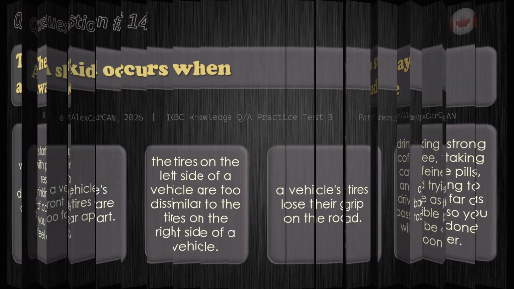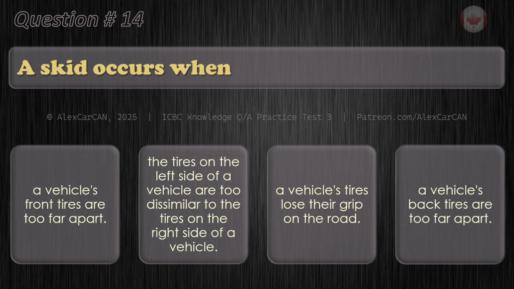Question number 14. A skid occurs when a vehicle's front tires are too far apart. The tires on the left side of a vehicle are too dissimilar to the tires on the right side of a vehicle. A vehicle's tires lose their grip on the road. A vehicle's back tires are too far apart.